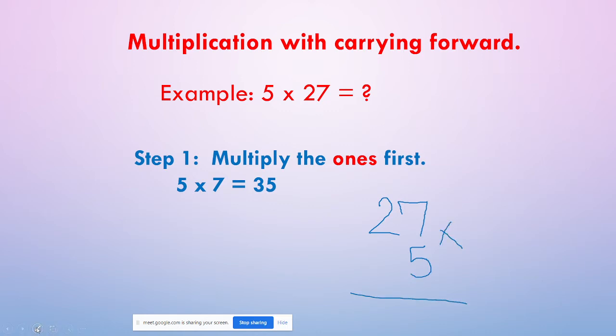What numbers do we multiply first? Of course, you start with 7 and 5. What is the answer? 7 times 5 is 35. How do you write it here? You write 5 here, and then 3 will go on top of the tens place.